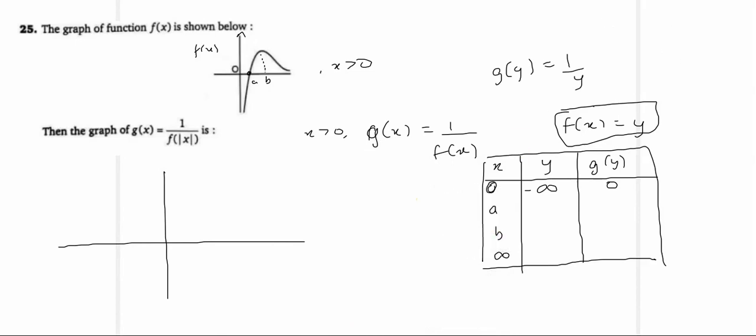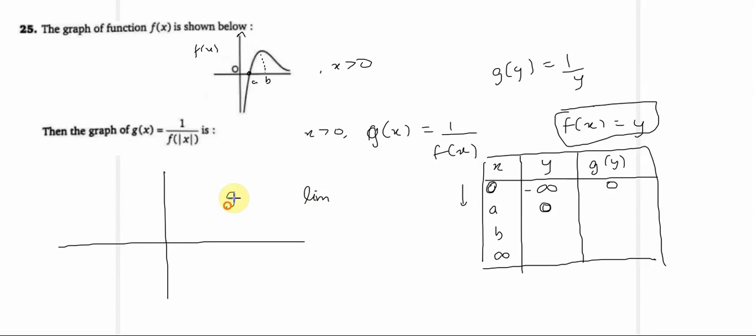So again, as x goes from 0 to a, what do we observe? Y goes from minus infinity to 0. So this is 0. What does g of y become?